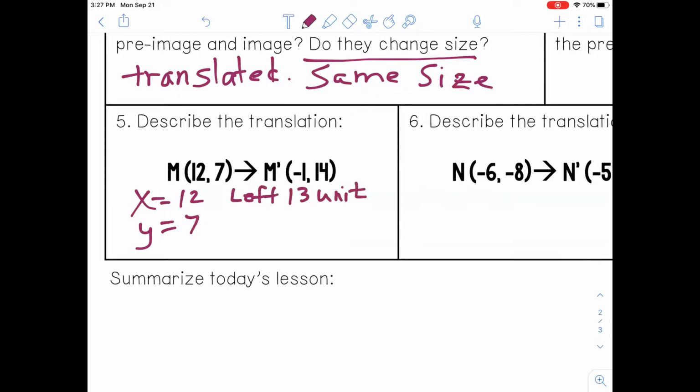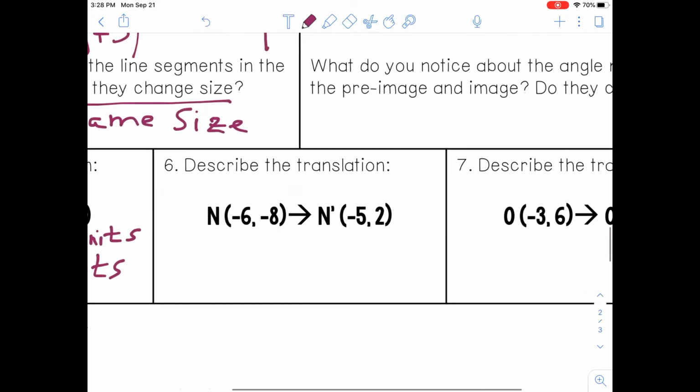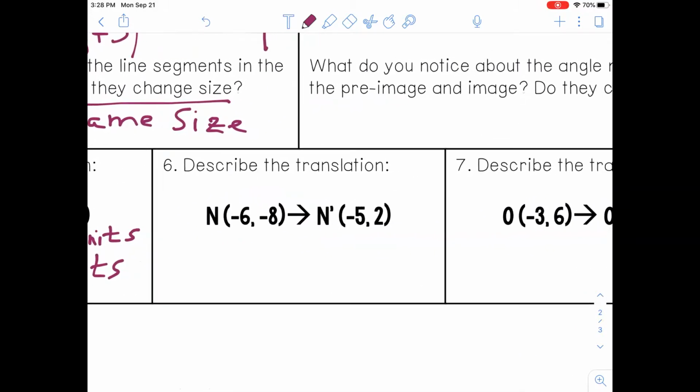And then from 7 to 14, well, that's going up in value, so that would be up, because Y is up and down, X is left and right. So up 7 units. Okay, let's do another one. We have X is equal to negative 6 and Y is equal to negative 8. So we look at negative 6 to negative 5.